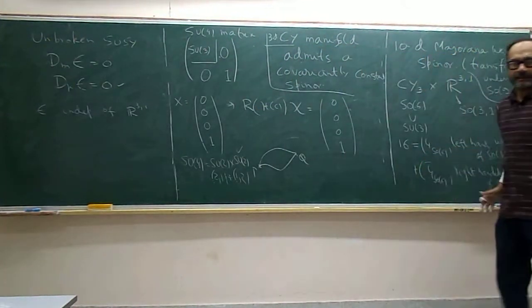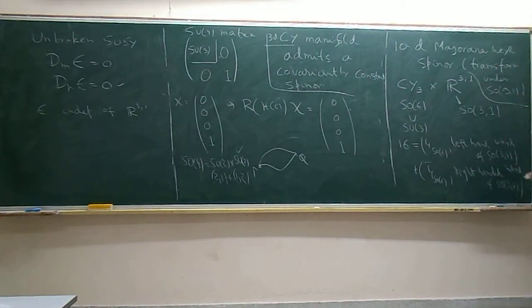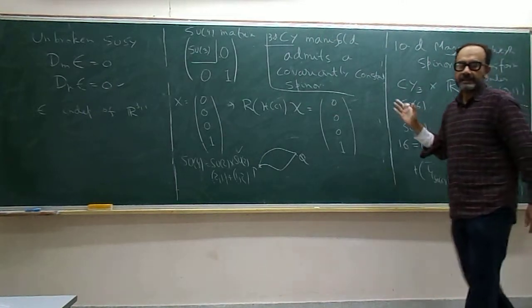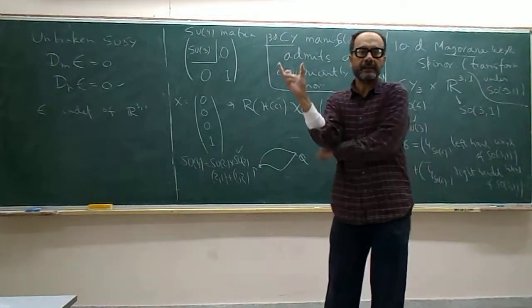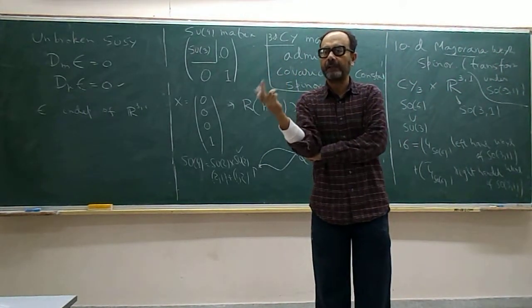So together we get a pair of complex conjugate spinors. These are just complex conjugates of each other, because if the original one was Majorana, then these are complex conjugates of each other. So the number of unbroken supersymmetries that is left corresponds to one Weyl spinor in 4 dimensions and its complex conjugate.